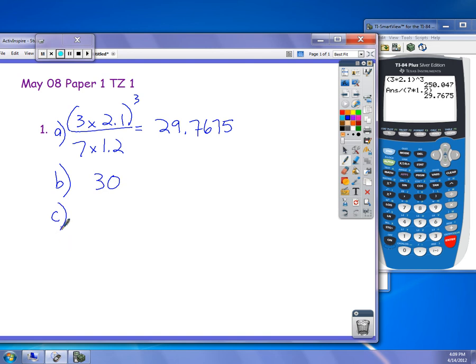In part C, we're going to find the percentage error. So the percentage error formula is on your formula sheet. It's in topic 2, numbers in algebra, but the formula is to take the estimated or rounded value, subtract the exact value.